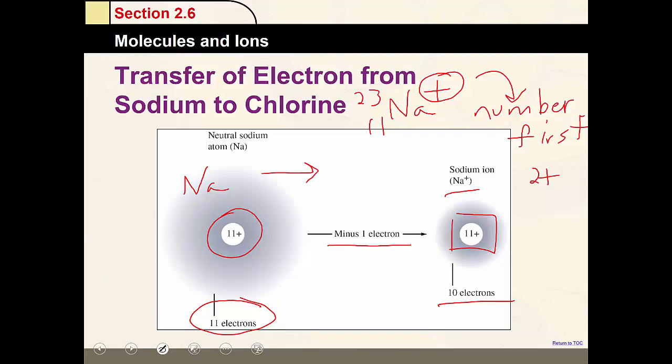Okay, so how this reaction works, we have a sodium atom. It loses an electron, so that's essentially one of the products, and we produce a sodium ion. And this makes sense. Now at the end we have 11 protons, 10 electrons, so that's what results in the positive 1 charge.